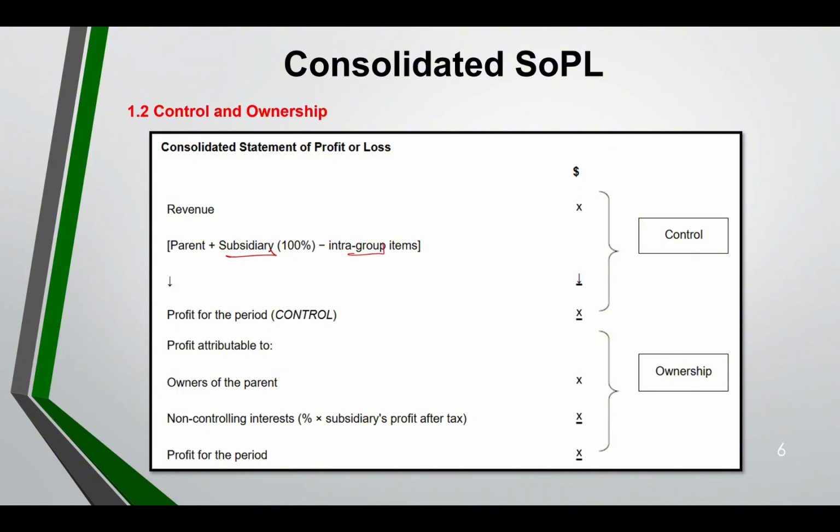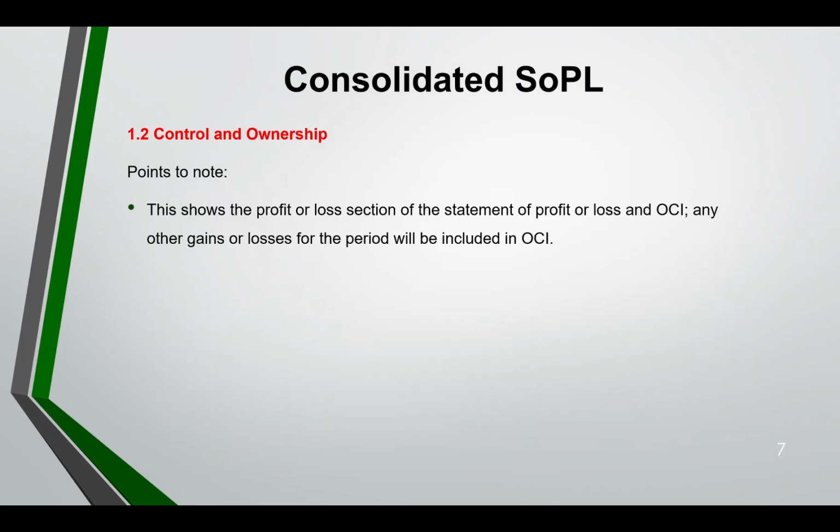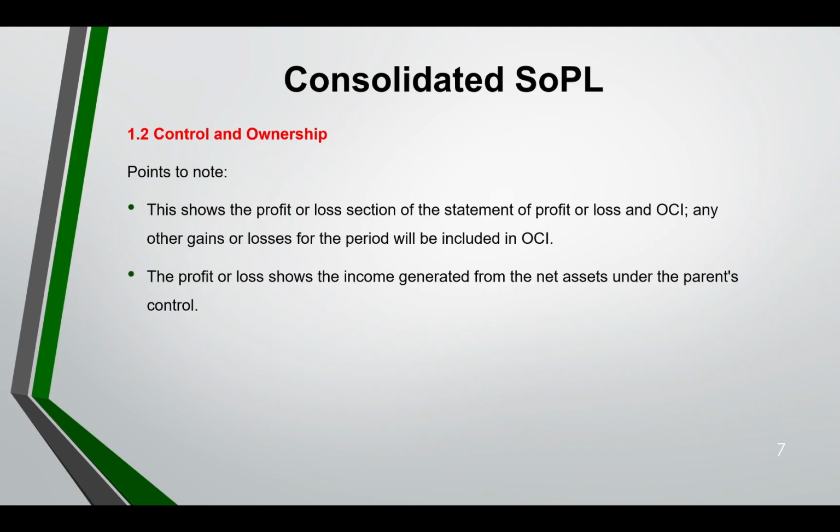Then we are moving to the profit. These are the two important things. It will be allocated among the parent and the NCI, and then we'll have the profit for the period. This shows the profit and loss section of your statement of profit and loss, and any other gain or losses for the period are included in OCI. So profit and loss will go in profit and loss, and other gains or losses will go in OCI.